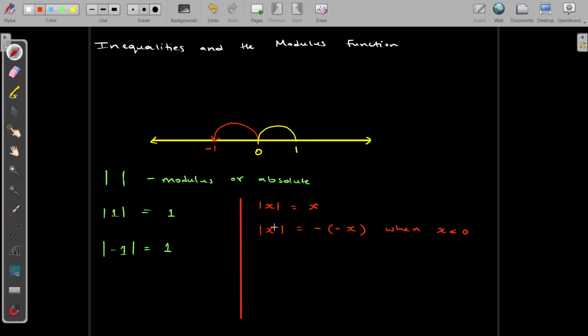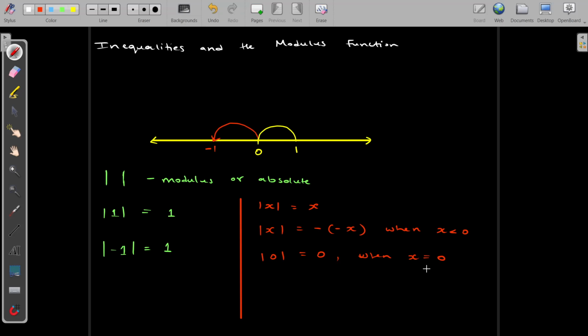So if we have a negative x value here, and we take the modulus of it, we just get the positive value. That's what it's saying. Modulus of x is equal to 0 when x is equal to 0. The modulus of 0 would just be 0.